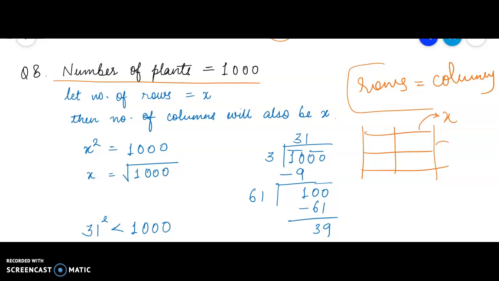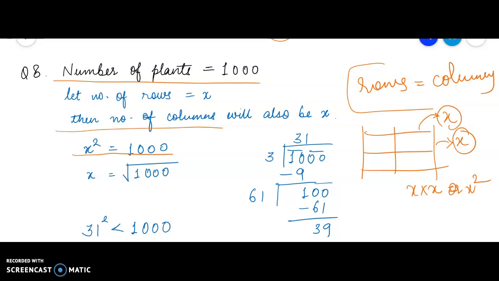That means the number of columns will also be x. And to find the total number of plants here, I'll have to multiply the number of rows and number of columns. That will be x into x, or x square. So here I have written the condition, and x square is 1000 as per the given information.